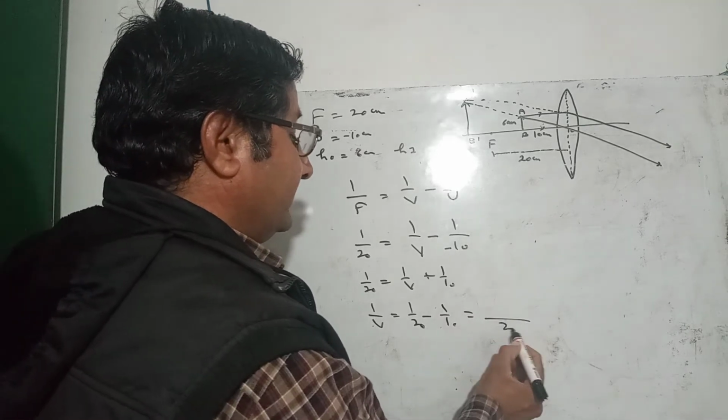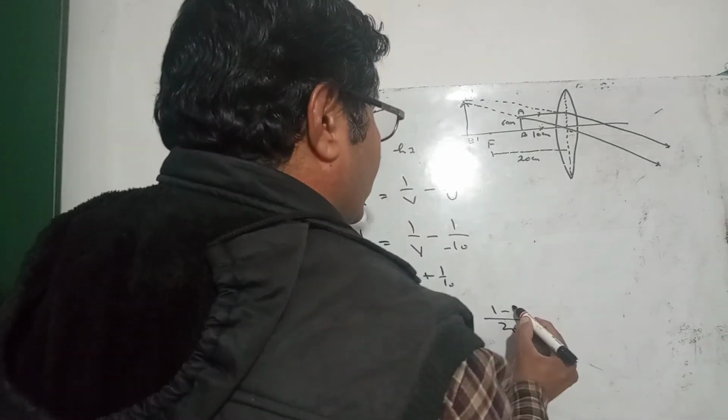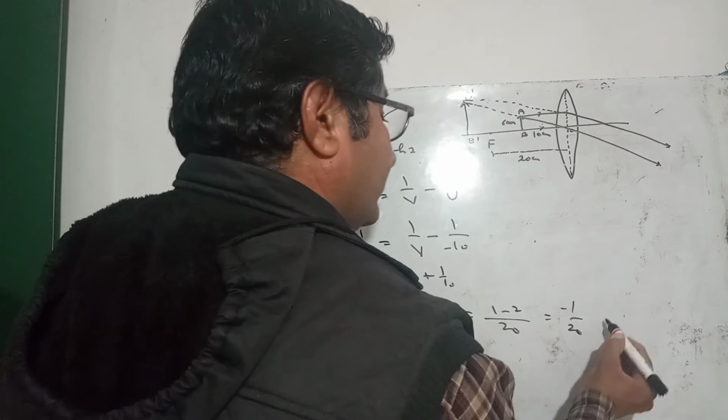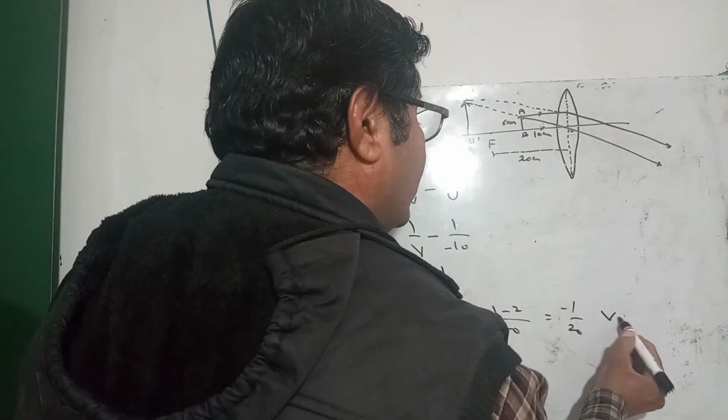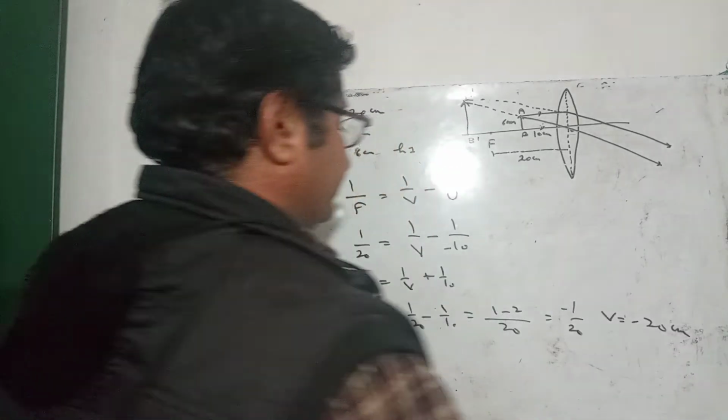This is 1 minus 2 upon 20, minus 1 by 20. V equal to minus 20 centimeter.